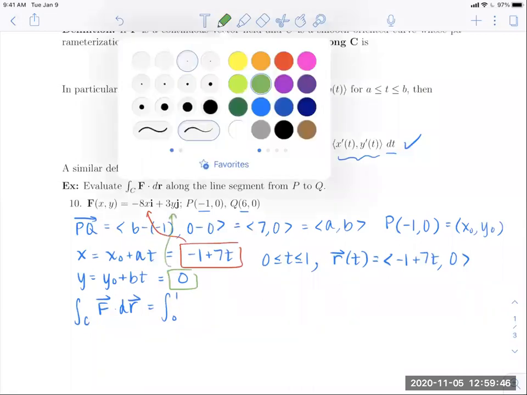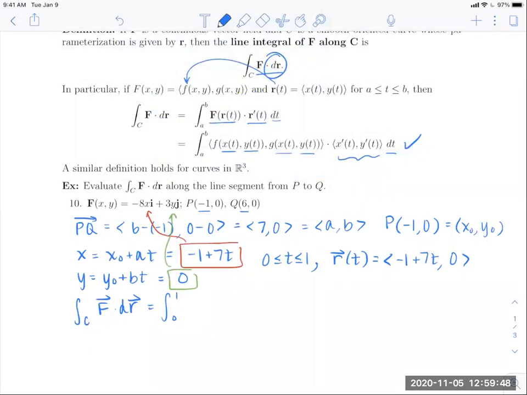So let's plug these in here. What I get is the vector -8x becomes -8 times (-1 plus 7t), and then I have 3 times y, which is 3 times 0. So again, everything I've written in the angle brackets is F of r of t.